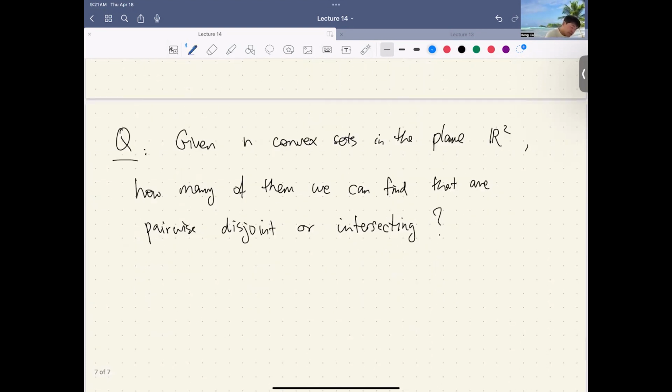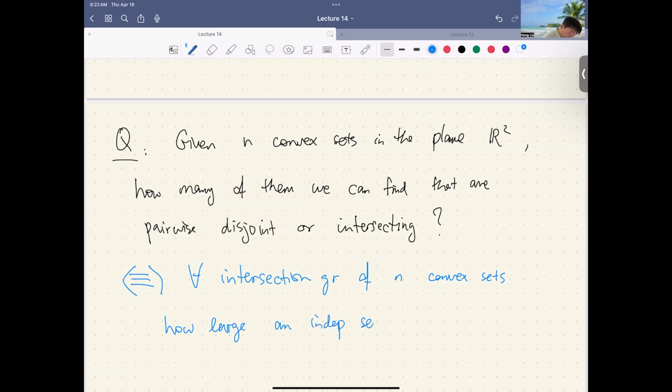Let's translate it. In other words, this is the same as for any intersection graph of n convex sets, how large an independent set or clique we can guarantee.